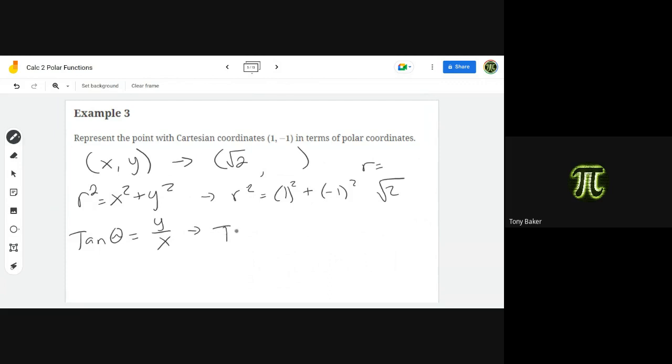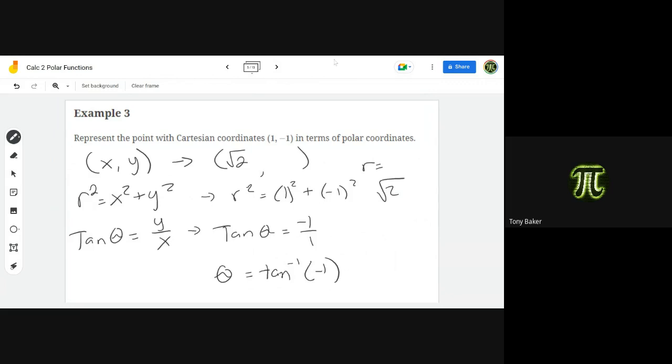When we're doing our tangent, we have tangent of theta equals negative 1 over 1. So we're actually looking at the arctangent of negative 1. This one is in the 4th quadrant.